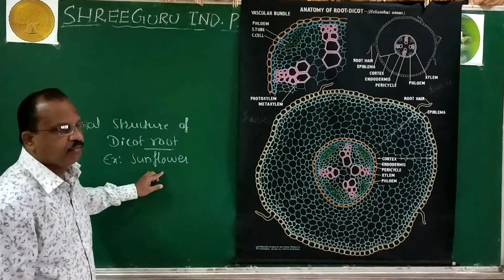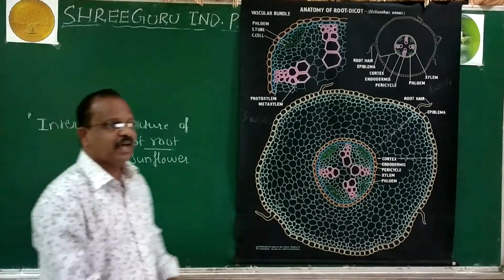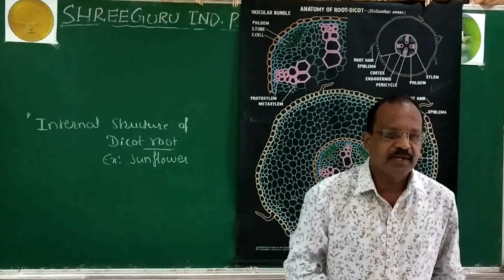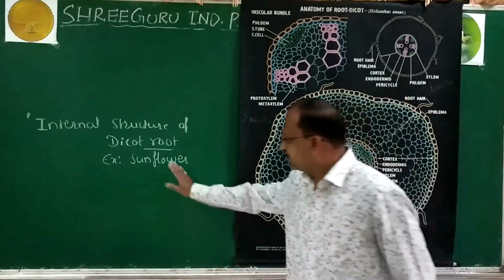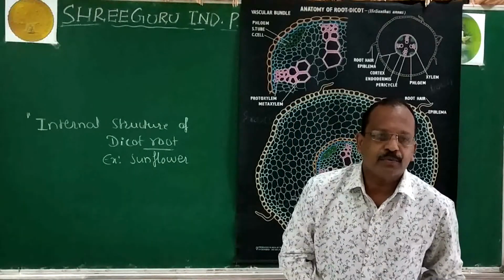Example, sunflower. I hope you know sunflower is not a flower, it is an inflorescence. Please remember, sunflower is not a flower, it is an inflorescence.